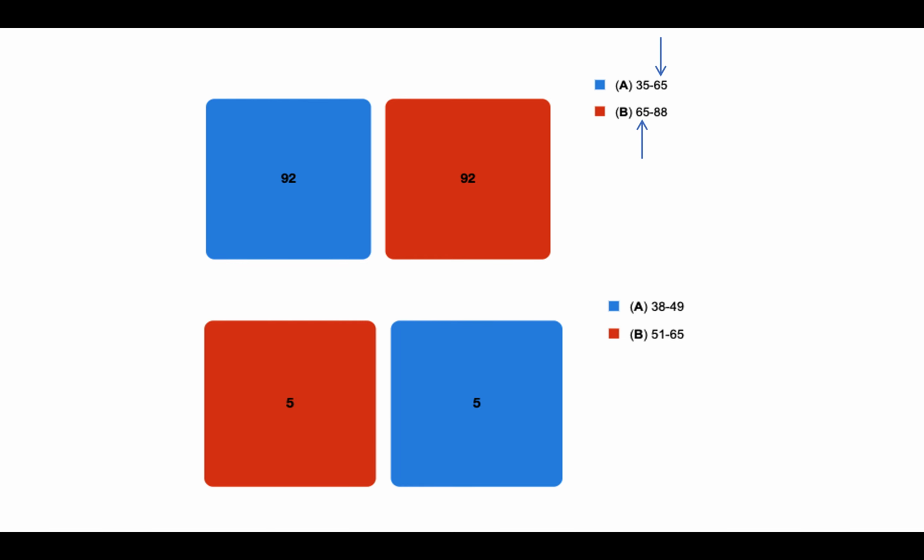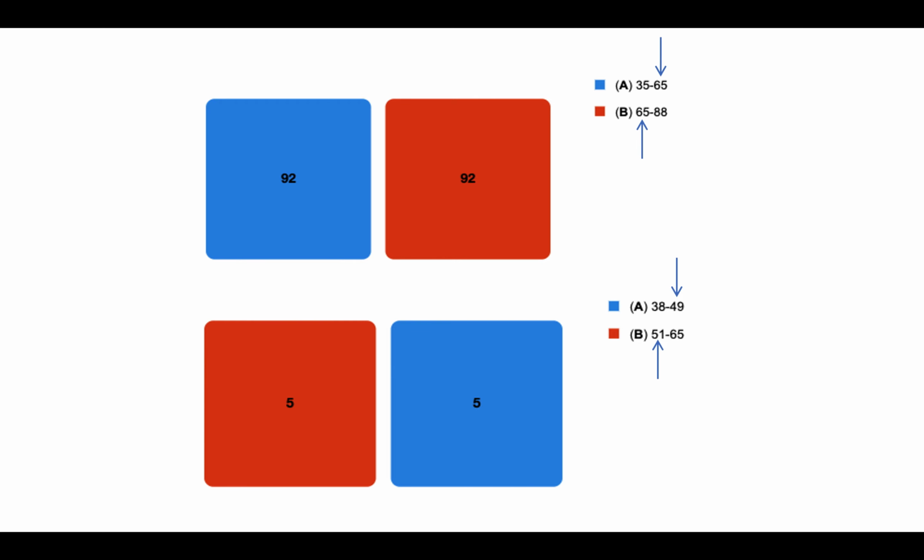In this next example, with an even number of patients in the study, again we see the groups have the same number of patients, with 5 in the red group and 5 in the blue group. But this time, the youngest age of the oldest group is 51, and the oldest age of the youngest group is 49, and they are not the same value.